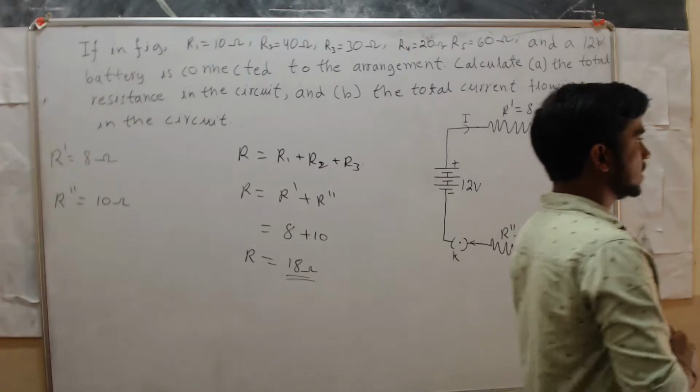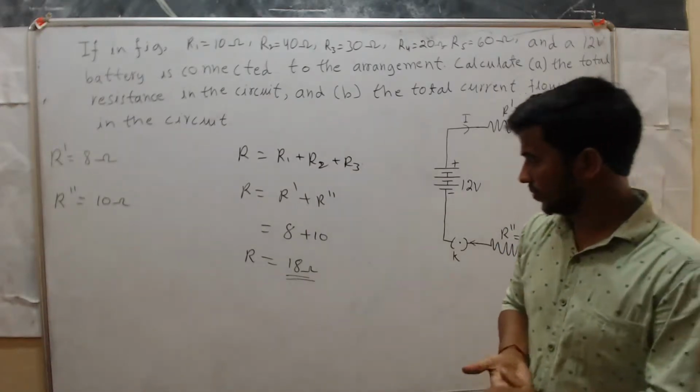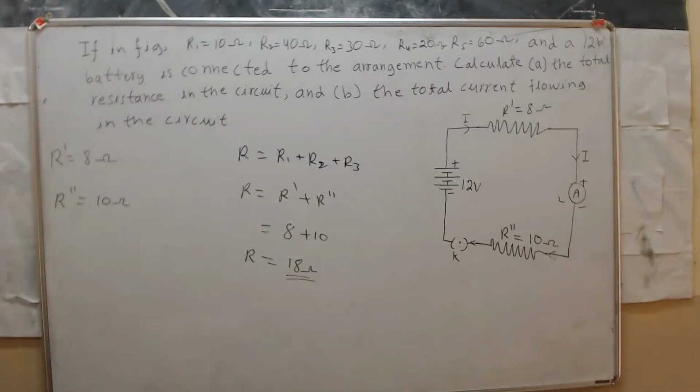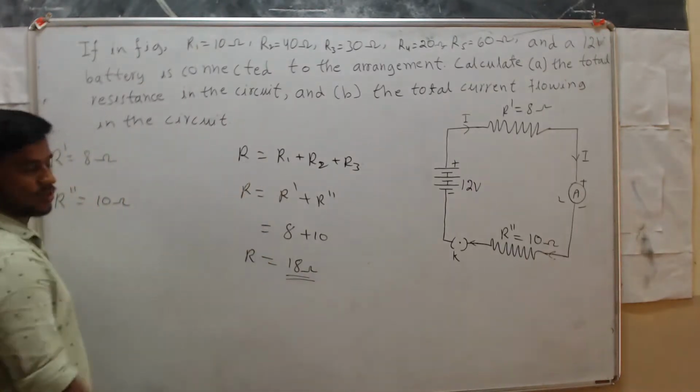Next, calculate the total current flowing in the circuit. We already got the R value and we know the V value, right?